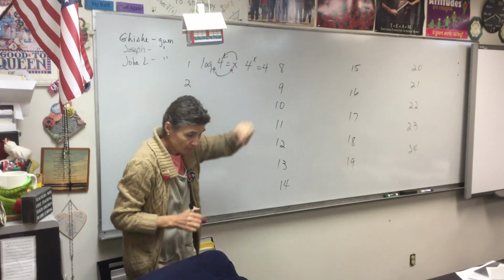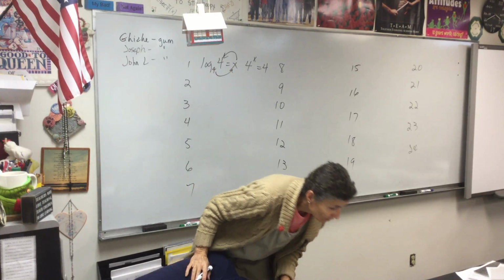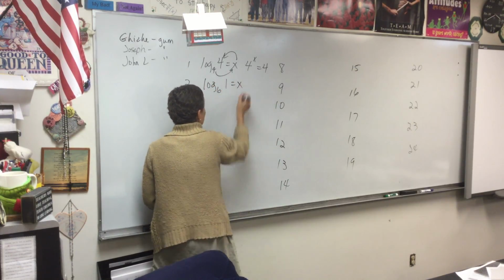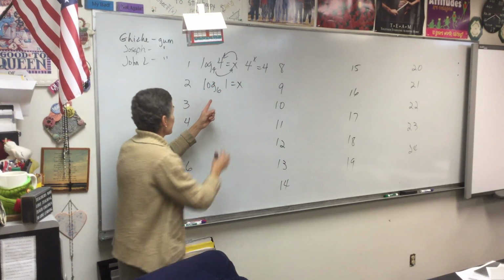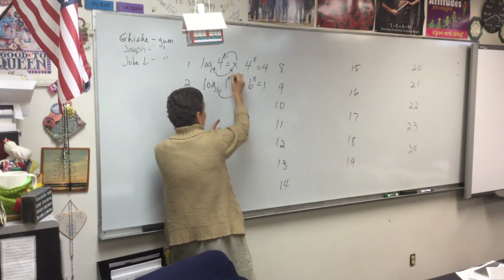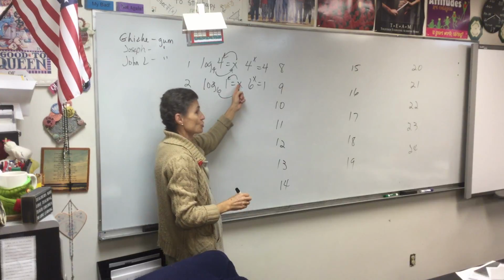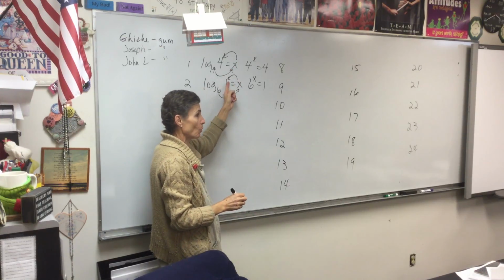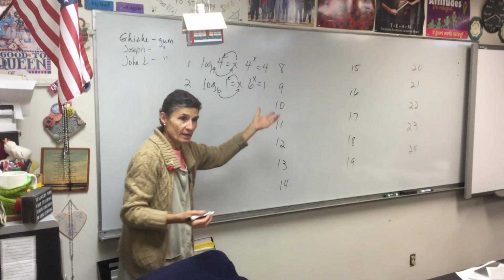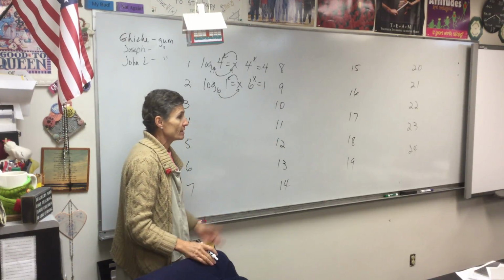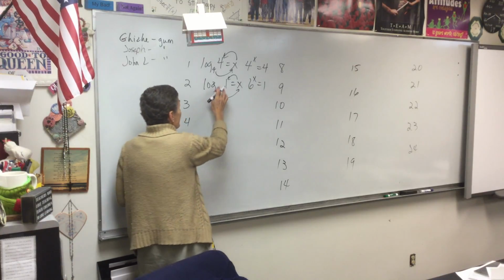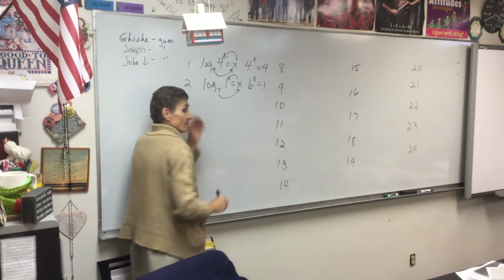Number 2. Log base 6 of 1. 0. Very good. Because what does this say? 6 to what power equals 1? Are you seeing it? What do you raise 6 to get 1? 0. The only thing you can do is raise it to the 0th power. Now, would it matter if this base had been a 7?